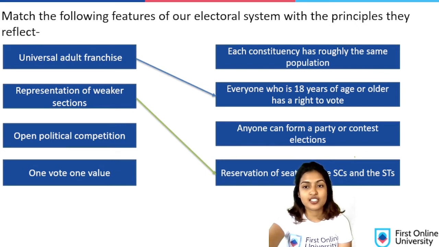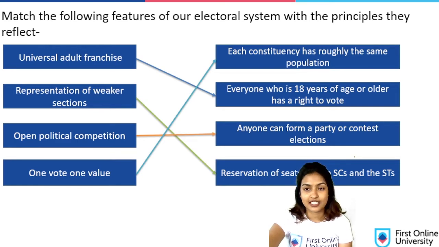Representation of weaker sections, that is the reservation of seats for the SCs and the STs. We have one vote, one value, that means each constituency has roughly the same population. An open political competition, anyone can form a party or contest elections. Be very cautious with the last two statements.